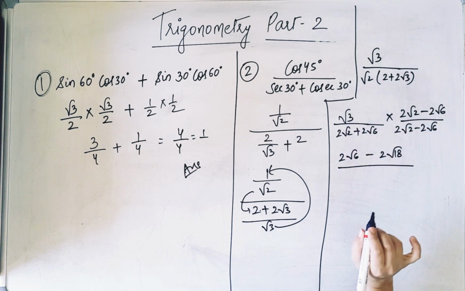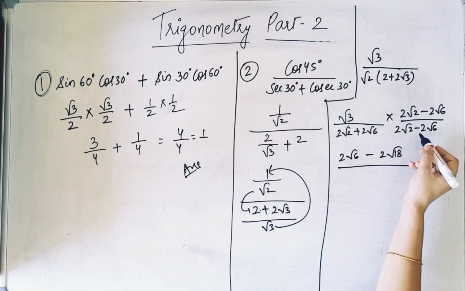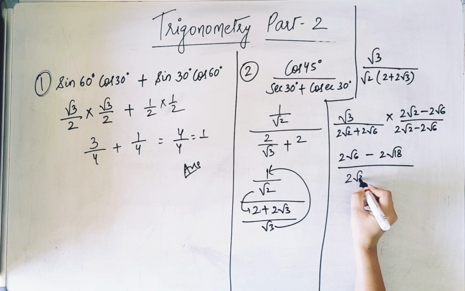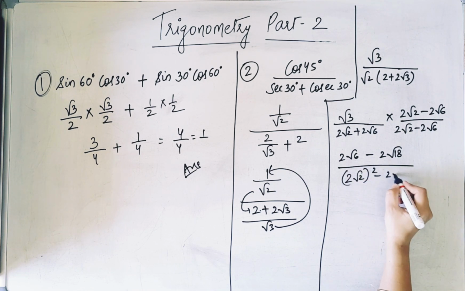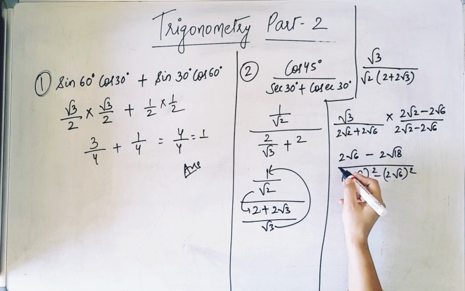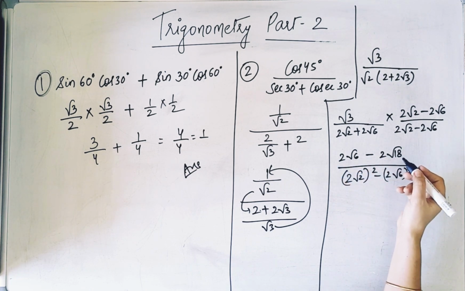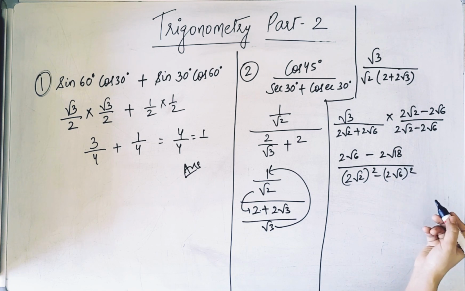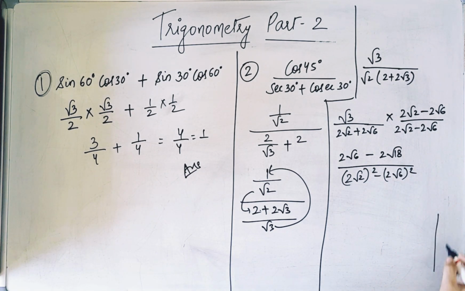Root and root multiply with each other. Using a plus b, a minus b, we get (2√2) square minus (2√6) square. We can take 2 common from here, and √18 I can write as what? 18: 2 9s are, 3 3s are, 3 1s are, so 3 is paired, so I can write it as 3√2.